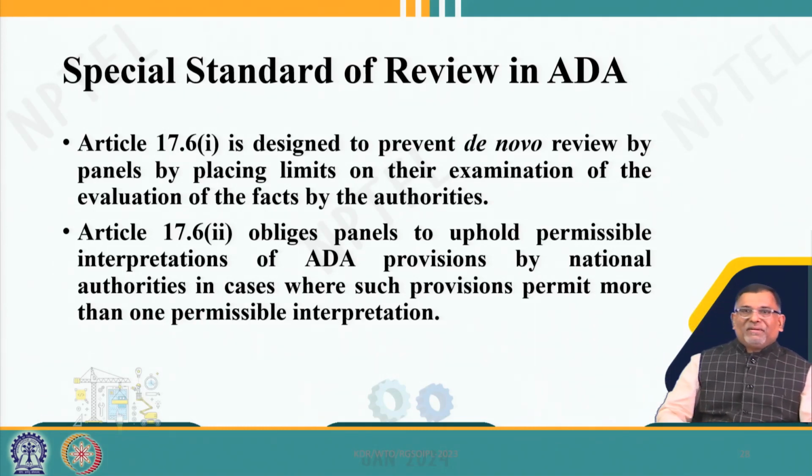It means that there is a possibility for domestic authorities to interpret the provisions, and if more than one permissible interpretation is possible, the authorities' interpretation should be given primacy. This is Article 17(6) which talks about the special standard of review in the anti-dumping agreement.